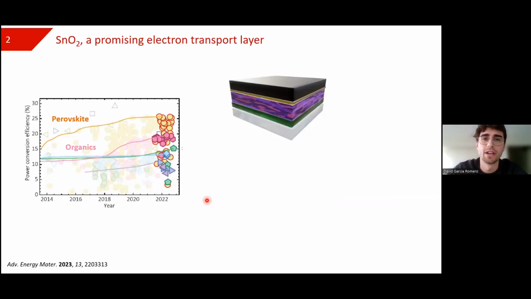So let's start by looking at one of the most commonly shown plots in our field: the power conversion efficiency over time of perovskite, organic and emerging PV fields. It's crazy to see that in just the time span of my PhD, the power conversion efficiencies in the field of organics have increased by 3 or 4%.